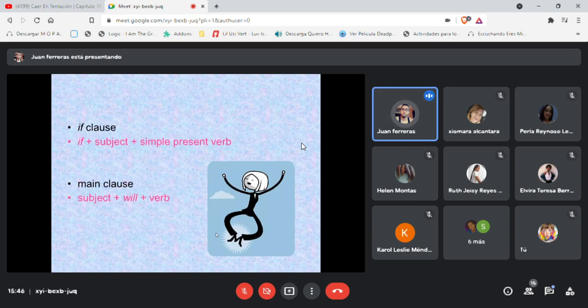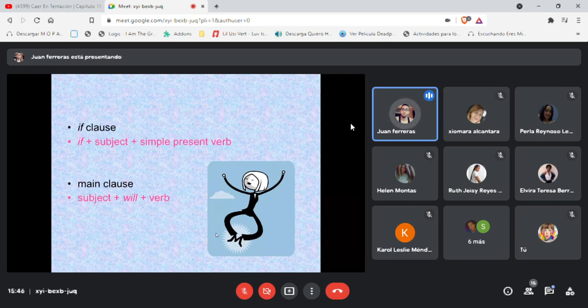If Elvira eats, if Ryan wins, if Carol watches, if Misael screams, if the teacher flies: if plus the subject plus the simple present of a verb. That is the if clause.